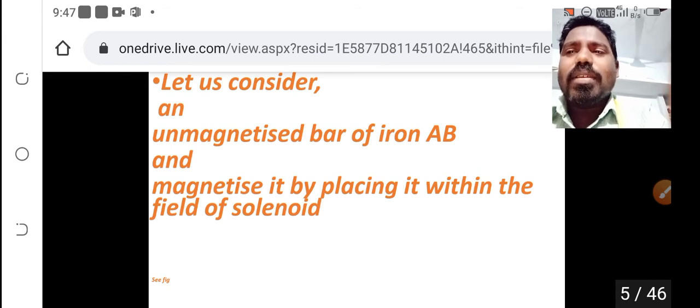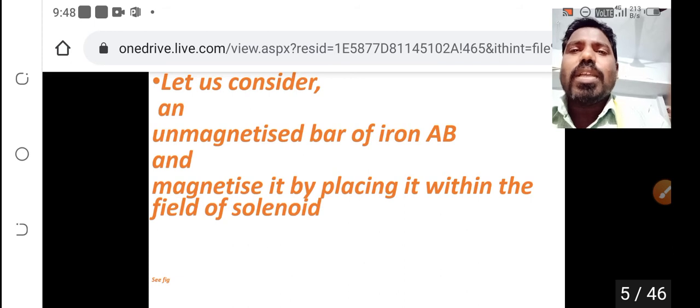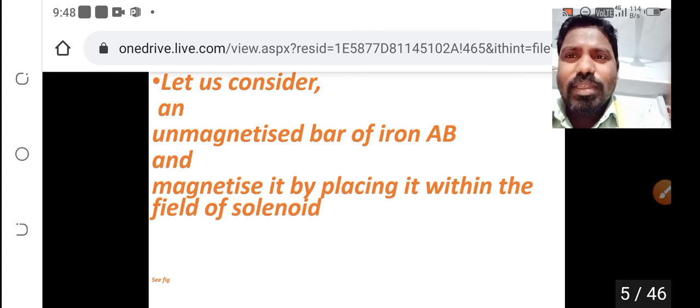Iron AB is magnetized by placing it within the field of a solenoid. We already discussed what a solenoid is. So what are we doing here? Let us place the unmagnetized material AB in a solenoid. What is the purpose? To change it into magnetized form.